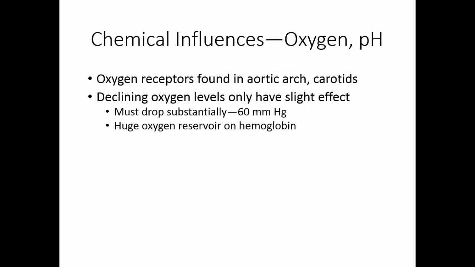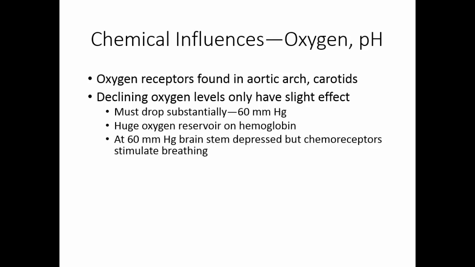Most of the time our hemoglobin is carrying 3 oxygen molecules on it. So if it drops one and then has to drop a second one, we've got plenty of oxygen. At 60 millimeters of mercury of oxygen, the brainstem is depressed, but the chemoreceptors to oxygen will still stimulate breathing.